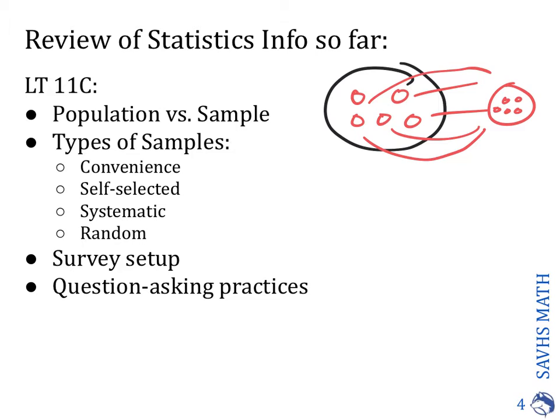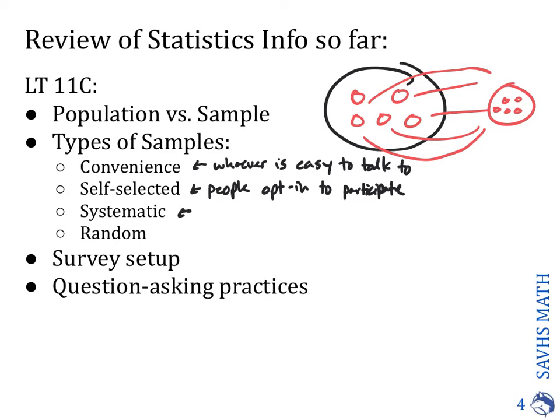We talked about the 4 different kinds of sampling. We talked about convenience sampling, where it's just easy to get the people to talk to you. So convenience is whoever is easy to talk to. Self-selected is people opt in to participate.